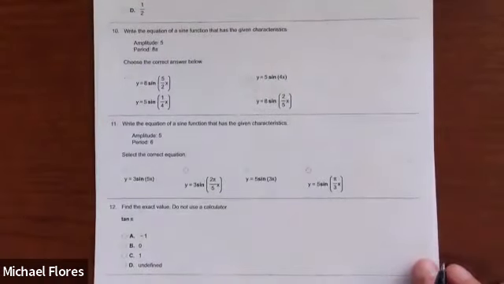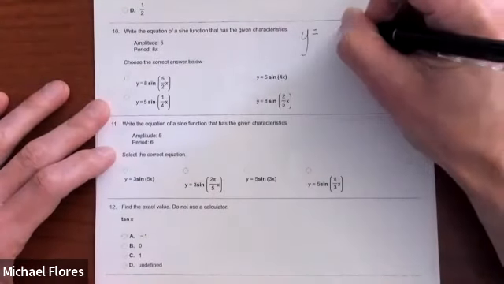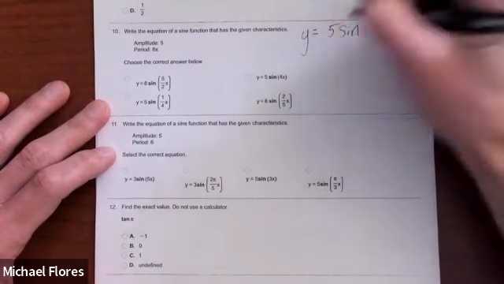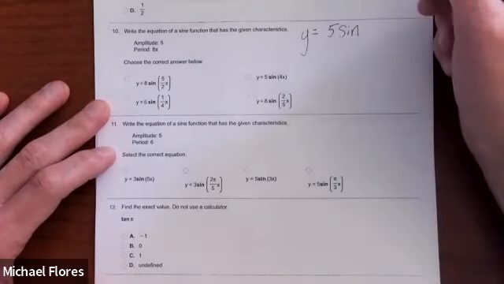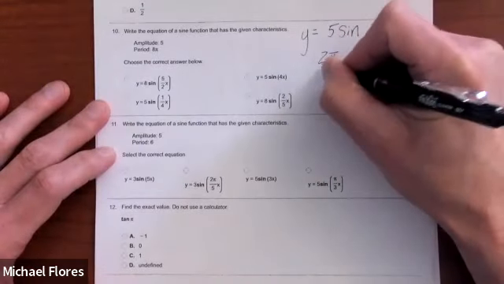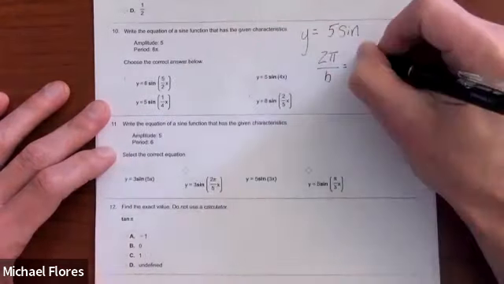10, write the equation of a sine function that has given characteristics. Amplitude of 5. Amplitude goes in front of your trig function. Period of 8 pi. So we need to do 2 pi over b is equal to the new period.